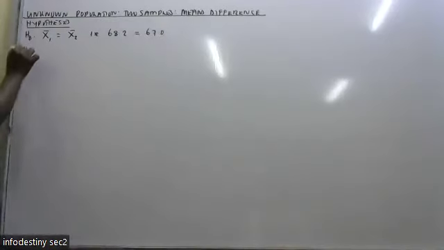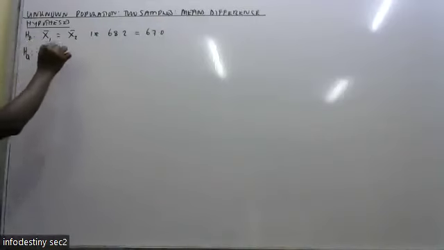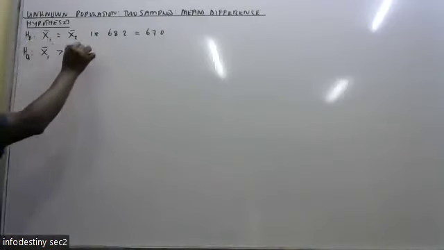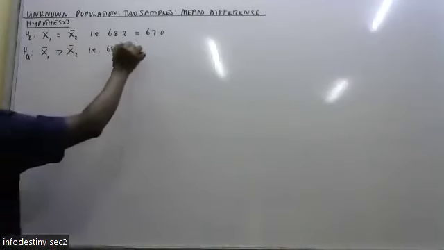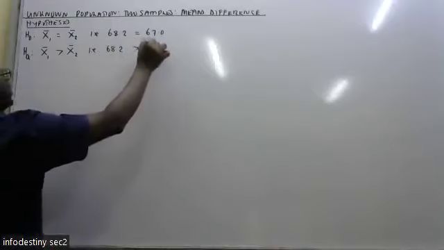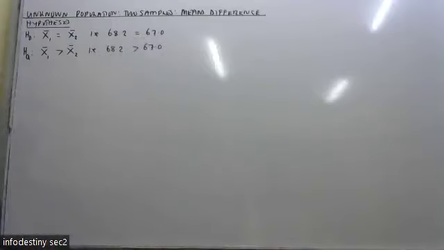The alternative is x bar 1 is greater than x bar 2. That is 68.2 is greater than 67.0.